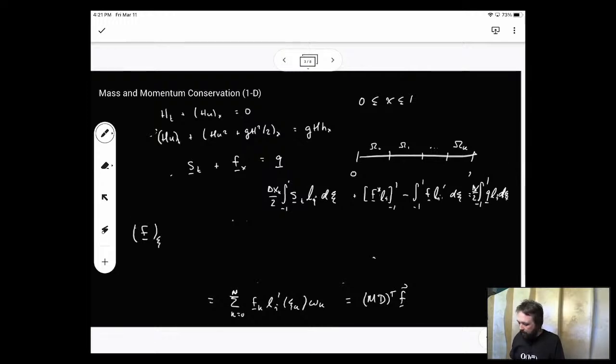dξ directly using that interpolant, so I have the sum j equals 0 to n of f_j L_j'(ξ).